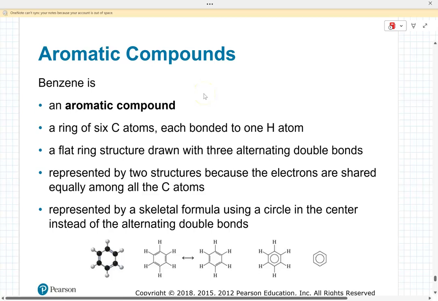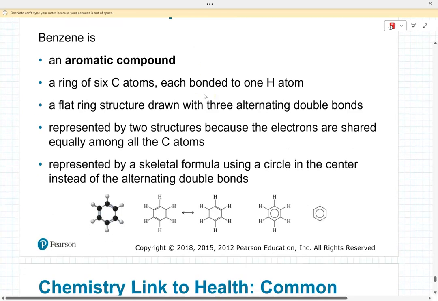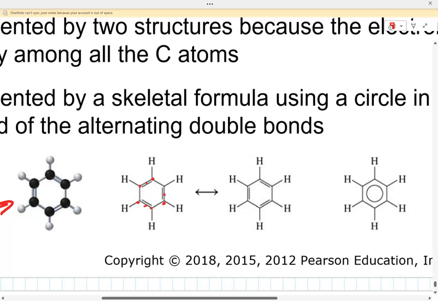So the simplest aromatic compound is benzene. Okay? So 6 carbon atoms, okay, and 3 double bonds. That makes sense? Now, if you look at this illustration, this molecule and this molecule have different arrangement of double bonds.